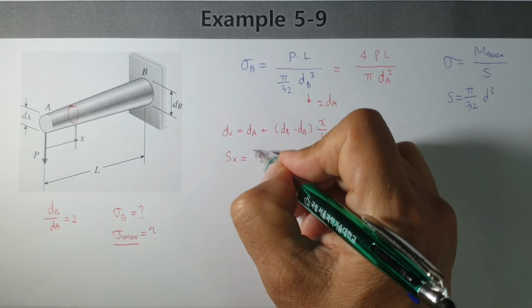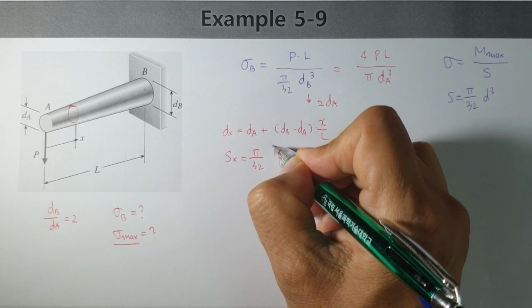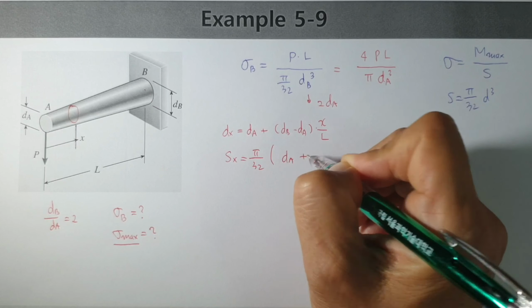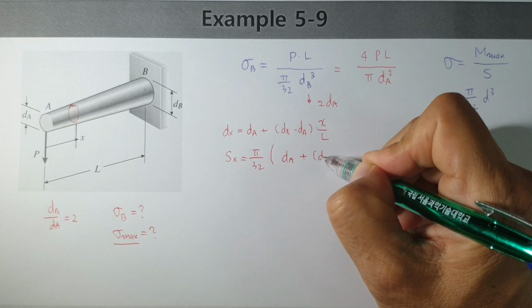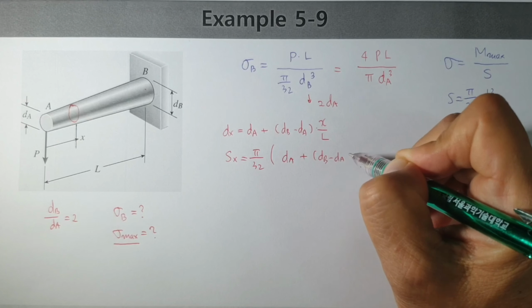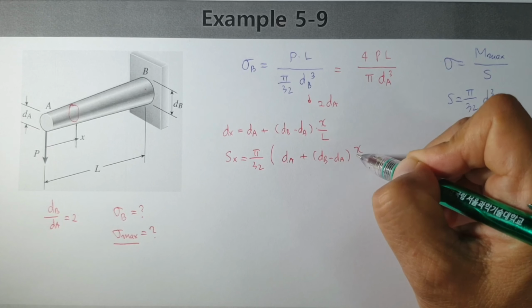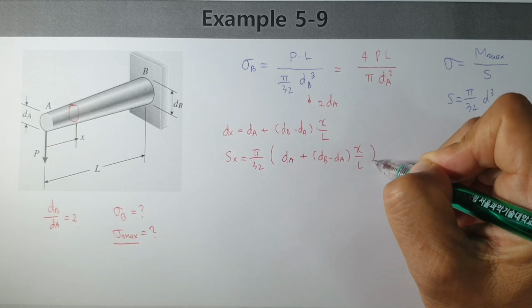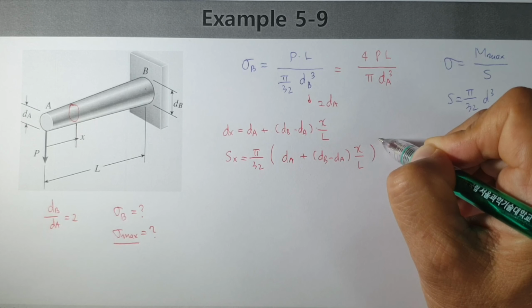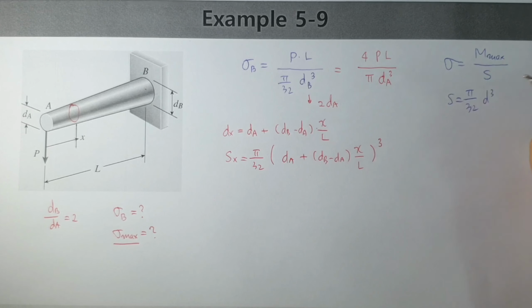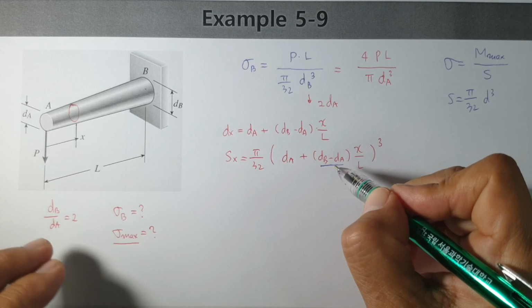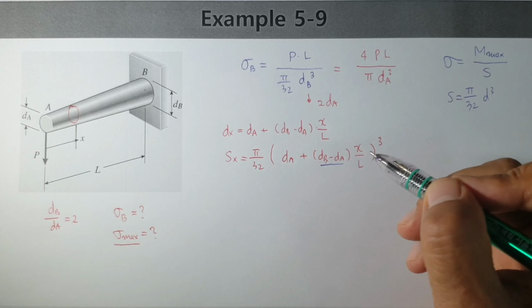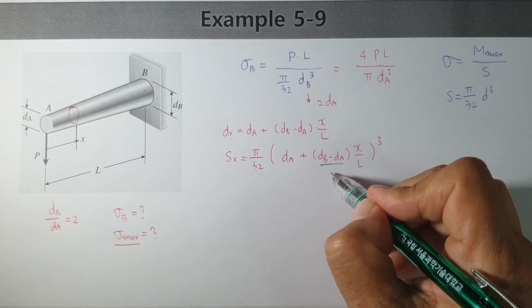This one, π over 32 times (dA plus (dB minus dA) x over L) cubed. Of course, dB minus dA equals dA.